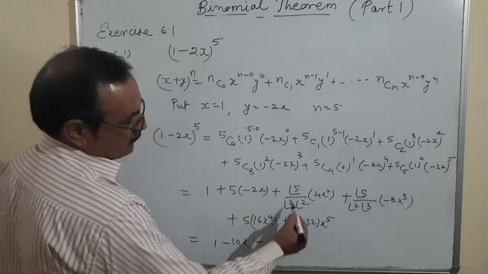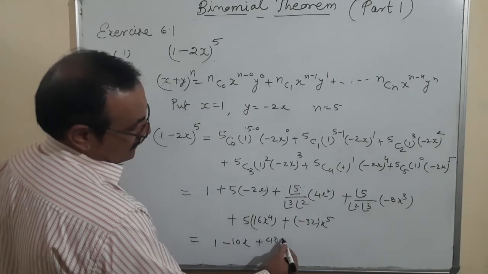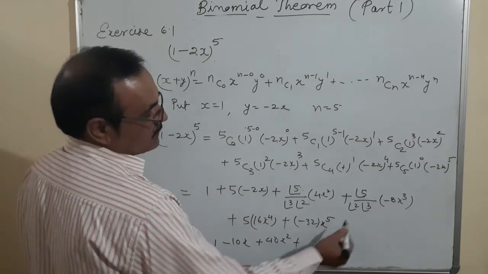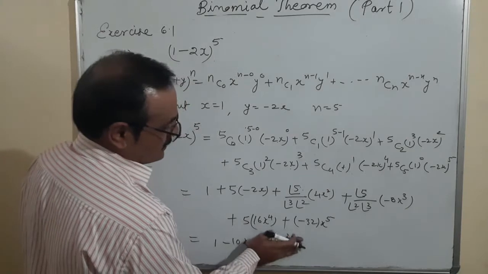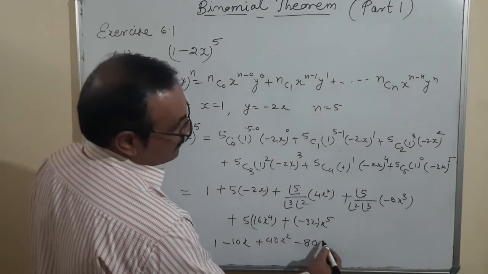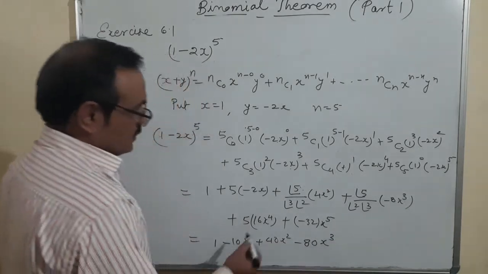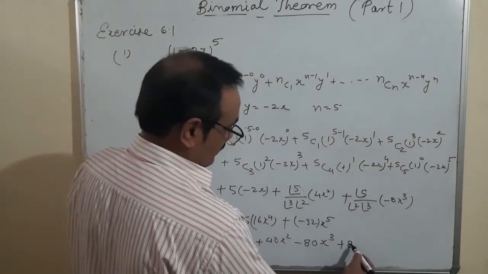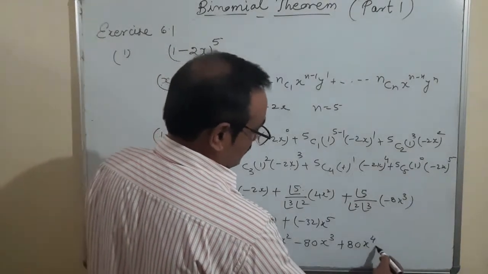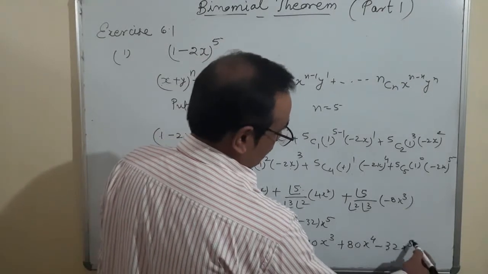So it is 10 4s are 40 x square plus, again it is 10 8s are 80 minus 80 x cube, 16 5s are 80 x to the power 4 minus 32 x to the power 5.